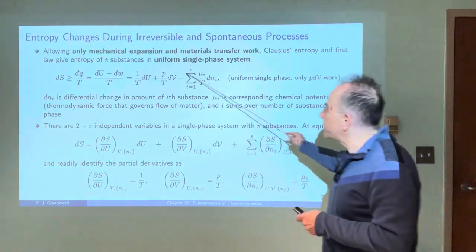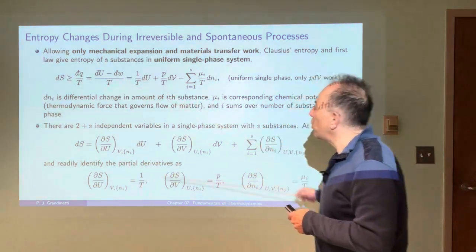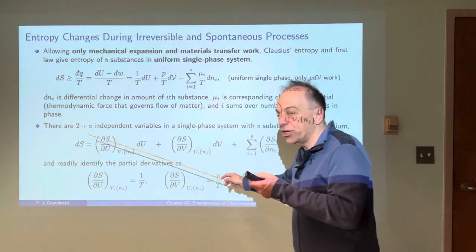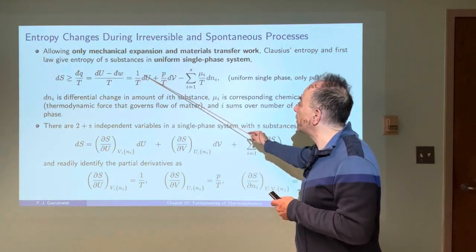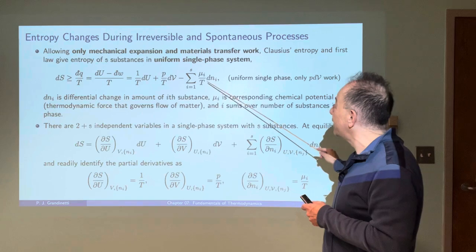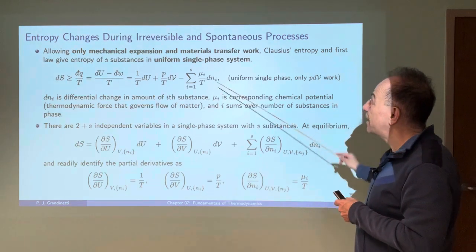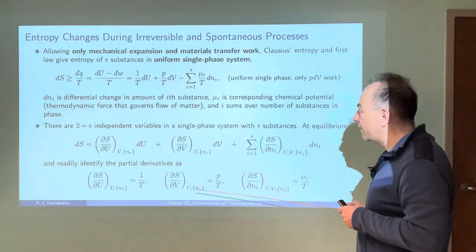Now, given this expression over here, we can also write just a generic differential form saying that dS clearly depends upon the change in dU, the change in dV, and the change in dN, where N is the number of moles of the ith substance.